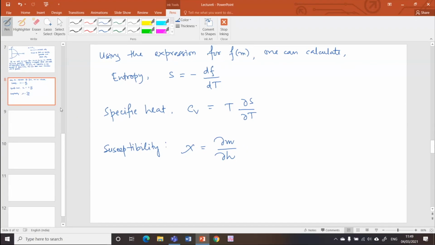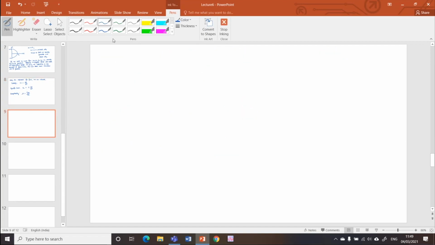Another thing we can do here: the critical exponents are also related to these values. m goes as Tc minus T to the power beta.